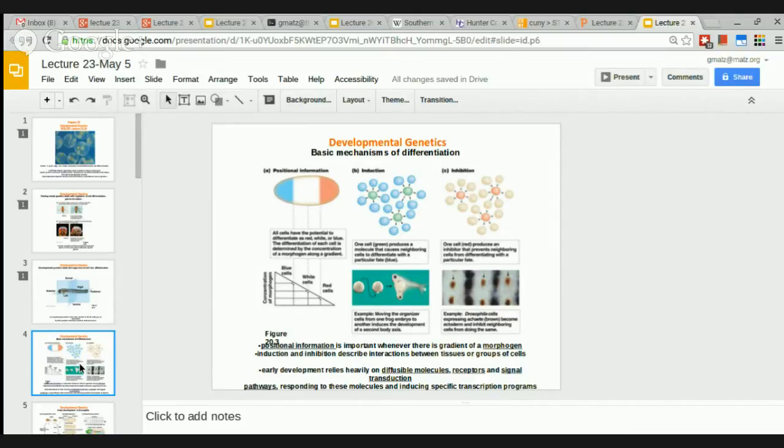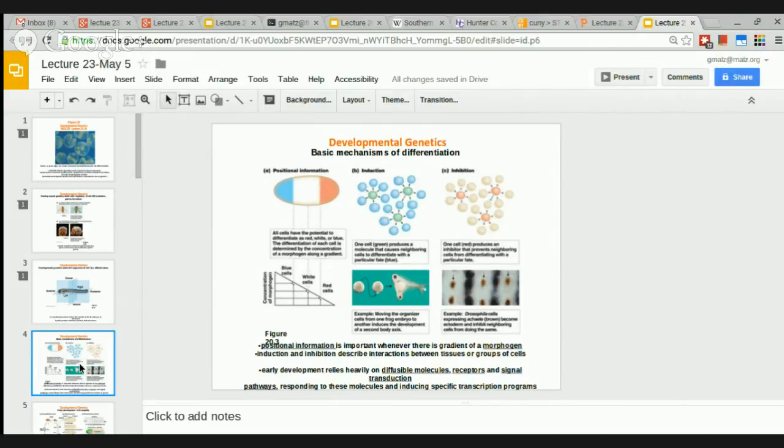One is, as we just talked about, the reason why cells differentiate differently depending on position, called positional information. And I'll give you the example of how that works in the fly. Positional information requires the response to a gradient of a specific molecule called a morphogen.